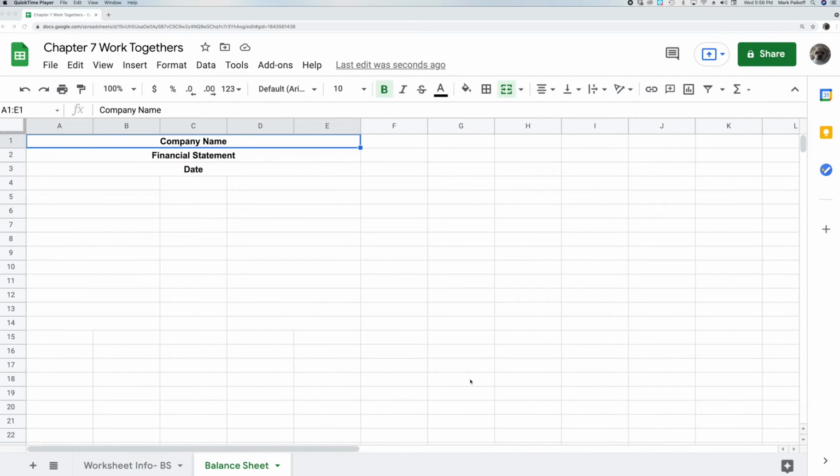Alrighty, so now we're going to be moving on to the 7-2 work together, in which we will be preparing a balance sheet. So the first thing that we're going to do is put in the name of the company, which is Ken's Carpet Cleaning.